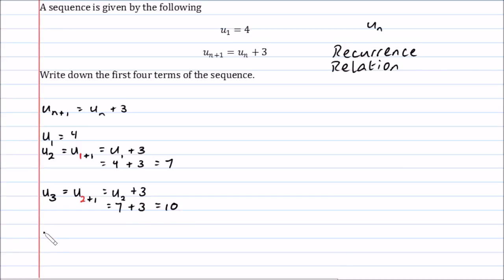And finally, u4, which is u3 plus 1, which is u3 plus 3. u3 we just worked out to be 10. So this is simply 10 plus 3, which is 13.